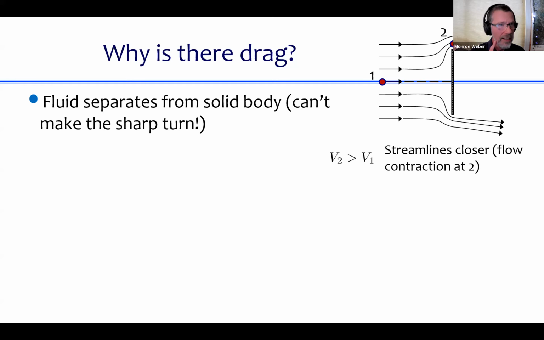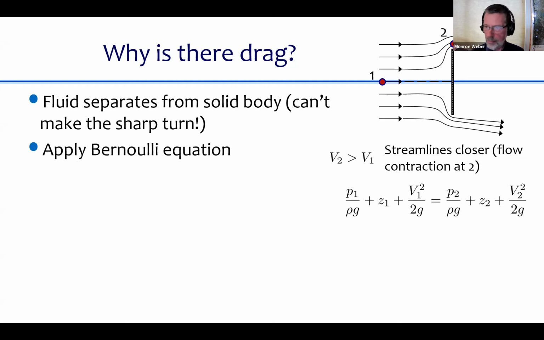How do I know that? Because at point 2, the streamlines are closer together. And so by mass conservation, if the same amount of fluid is traveling in between any two streamlines, and the streamlines are closer together, that means that the velocity is higher. Are you good with that? The velocity is higher where the streamlines are closer together. So V2 is greater than V1.